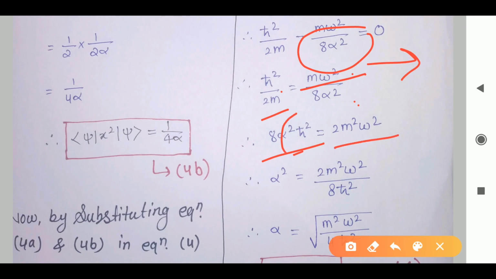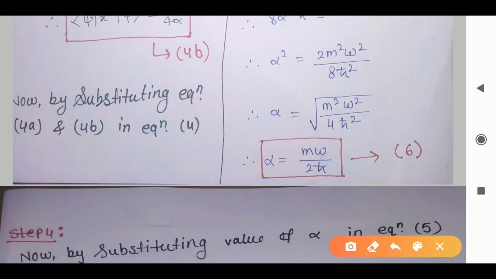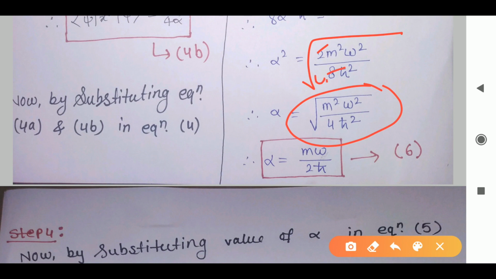So alpha square will be equal to this term, and 8 h cross square goes down on the right hand side. Then to get the value of alpha, we put a root over here. Here we divide 2 by 8, so here we will get 4, that is this. So here we will get m square omega square upon h cross square. From this we have got the value.